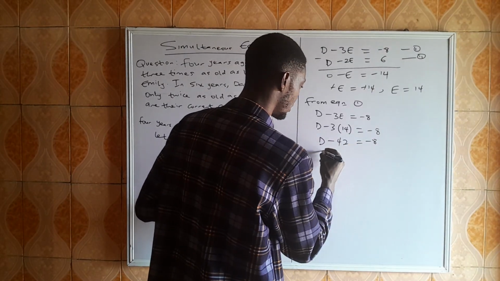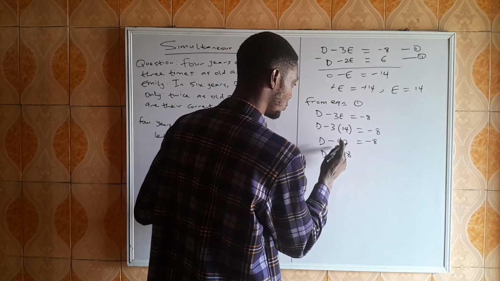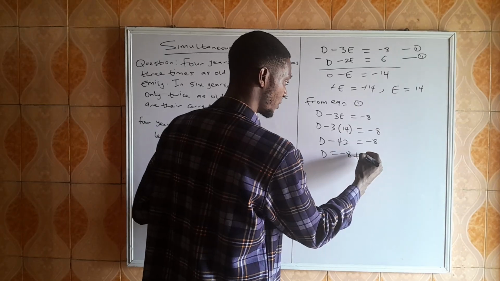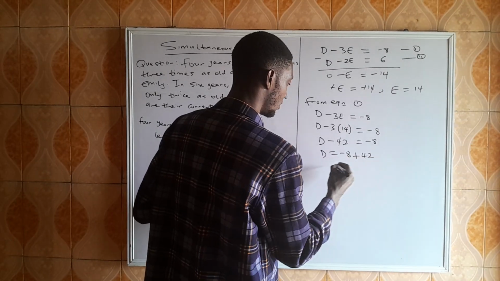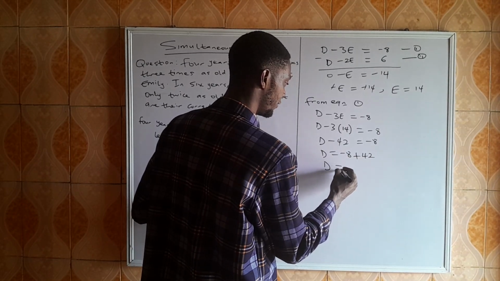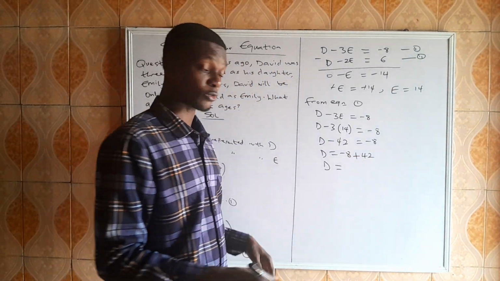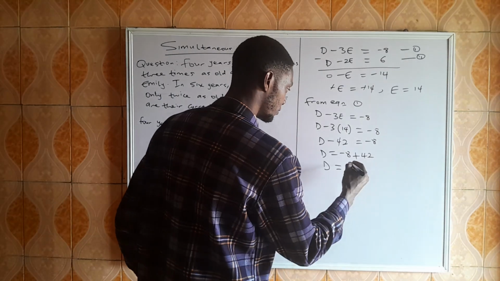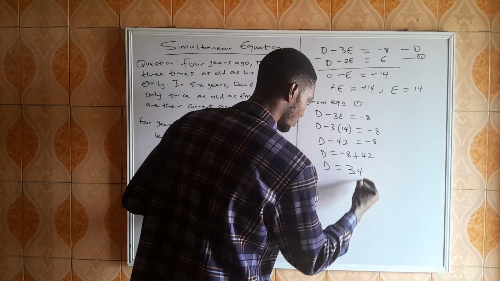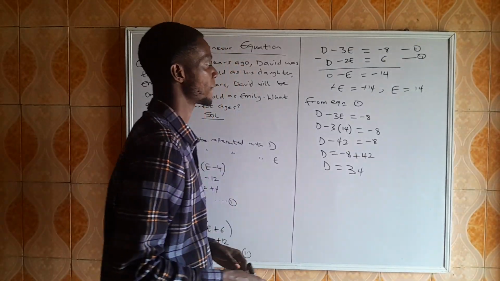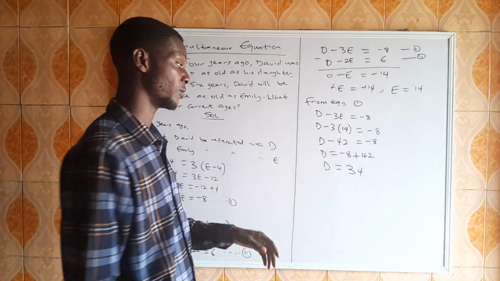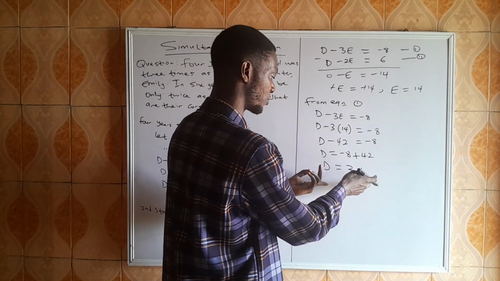So D equals minus 8, and when this 42 moves to the other side, it becomes plus 42. D equals minus 8 plus 42, which gives 34. So David's age is 34.